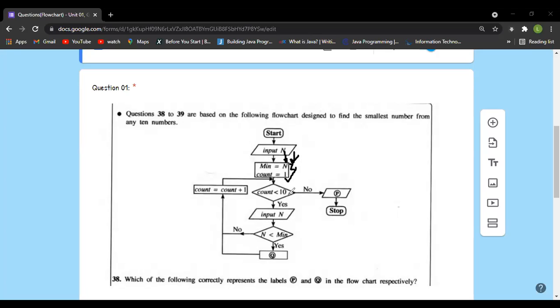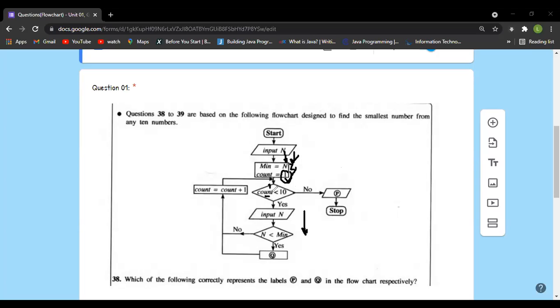So the decision making comes here, and you are asked to make a decision. They are giving you a condition, check whether the count is lesser than 10. They have already assigned the count as 1, right? So you're checking it. 1 is lesser than 10. So if it is yes, if it satisfies this condition, you can go to this side.